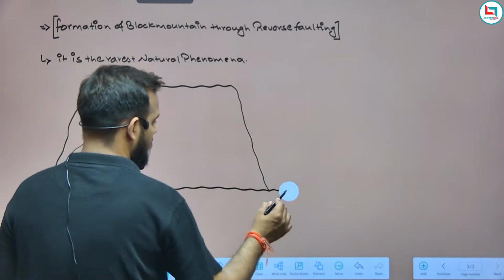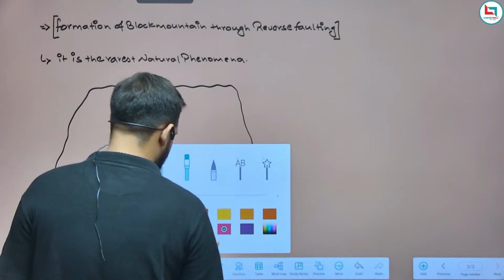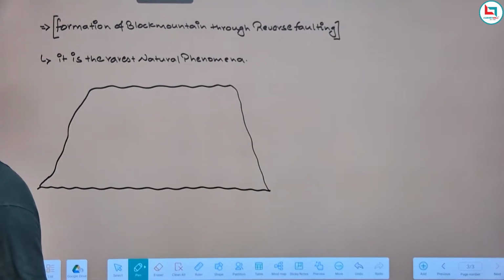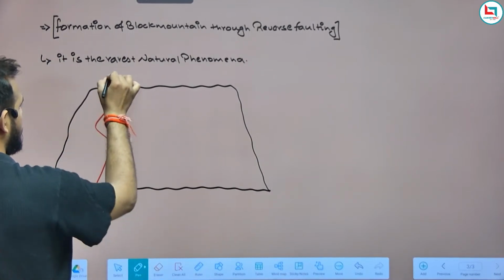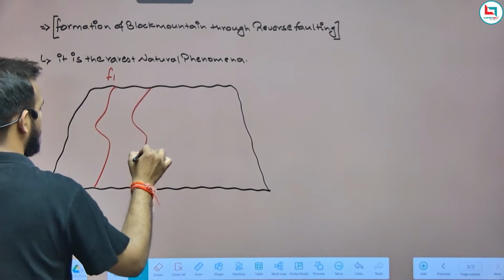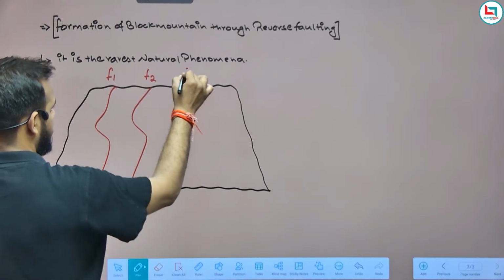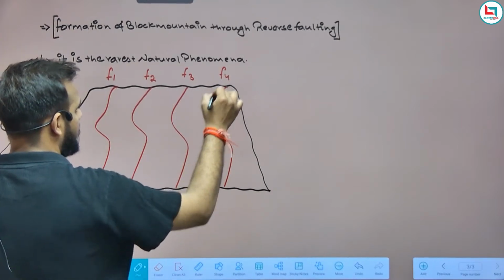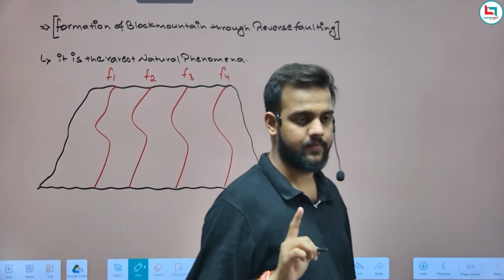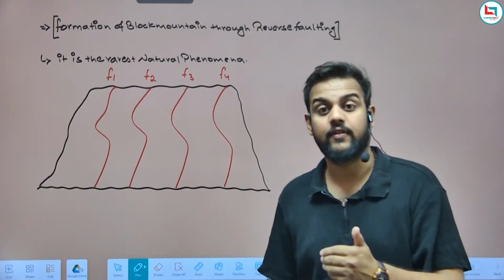Now guys, when we have the presence of Inselberg, remember, we have the presence of multiple fault lines, like this F1, F2, F3 and F4. This is the very first condition: there should be multiple fault lines for reverse faulting.